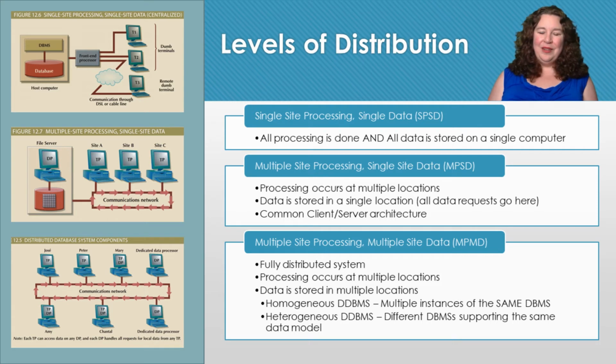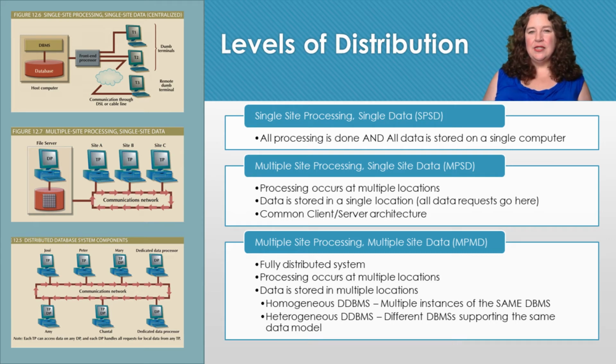Now, having it in multiple locations begs one more level of how each of those individual instances of our data processing is handled. And we have the option between having them all be the same DBMS and having them be different DBMSs. Now, there are some fully distributed heterogeneous DBMSs that handle every type of database.